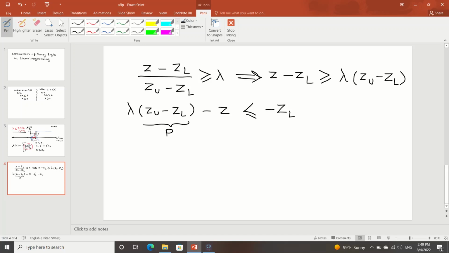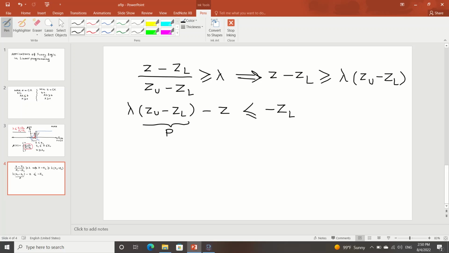What's the P? The P is tolerance. The P is the allowable difference or deviation from main Z or Z upper.